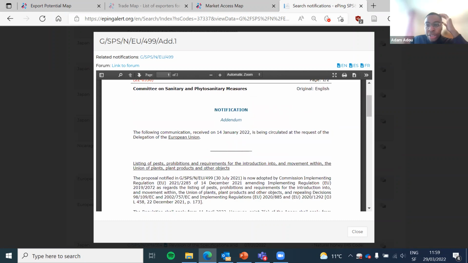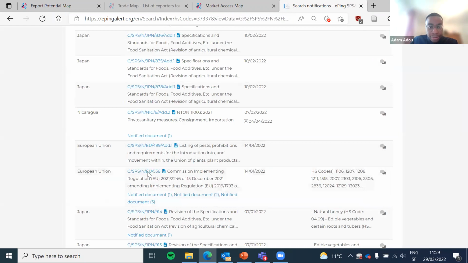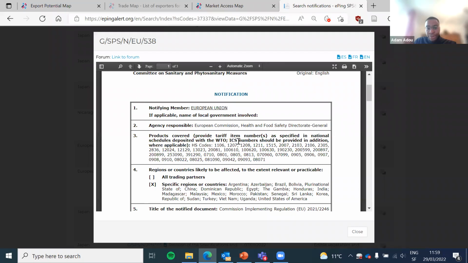Yes, so this is an addendum, as I told you, but there is also the notification itself in here. You will have the products concerned by the notification. Here is the list of subchapters, or sometimes even subheadings, for specific products concerned by the notification. First, you have the notifying member, but this you could see also in the column, which is the European Union. Then the agency responsible for this notification, in here the Health and Food Safety Directorate General.